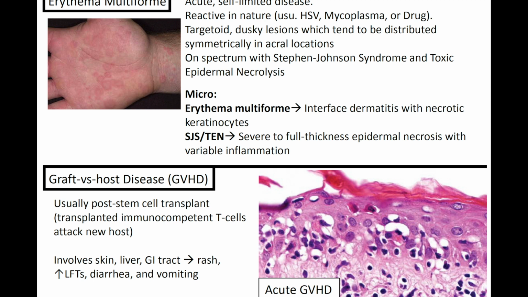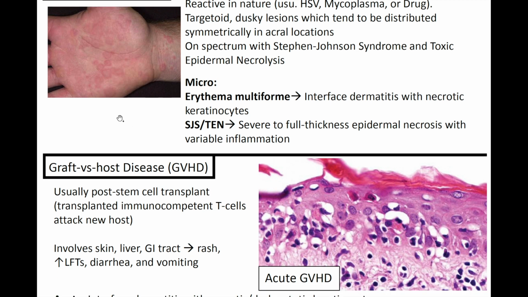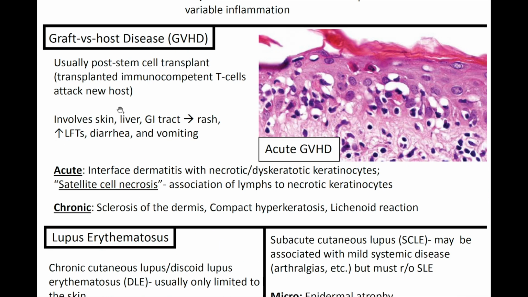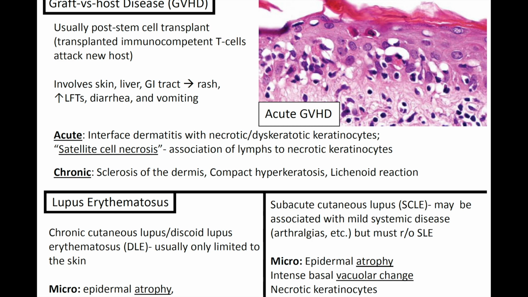And then if it's more diffuse or full thickness and involving much of the body, then potentially you'll think about Stevens-Johnson syndrome or toxic epidermal necrolysis. But obviously in real life, things are different than tests, as we all know. So good to be mindful of both on your differential.